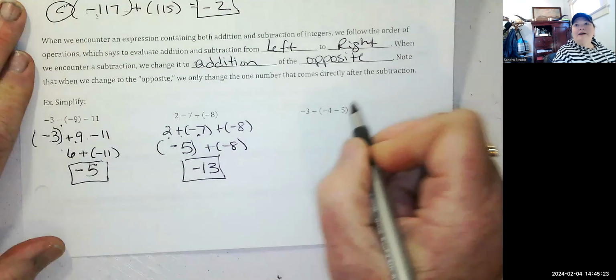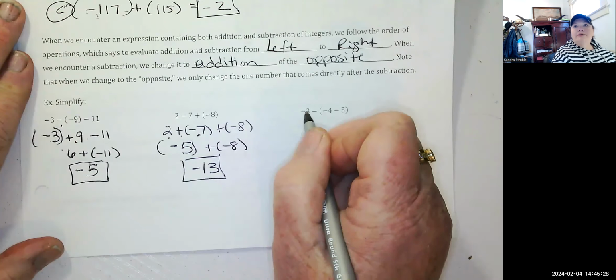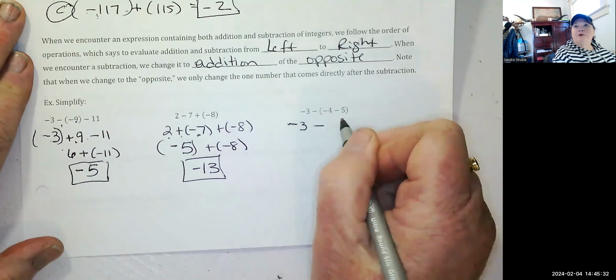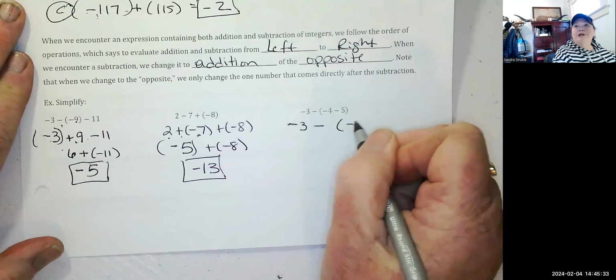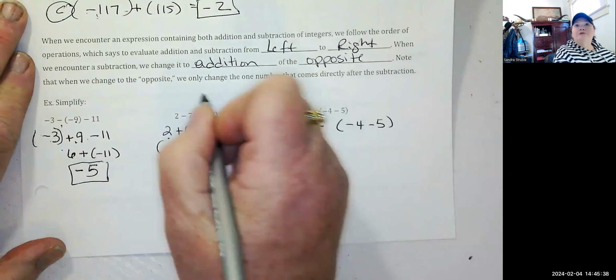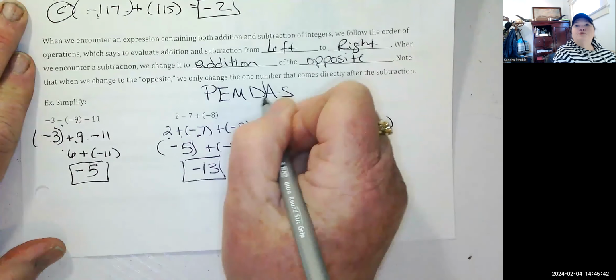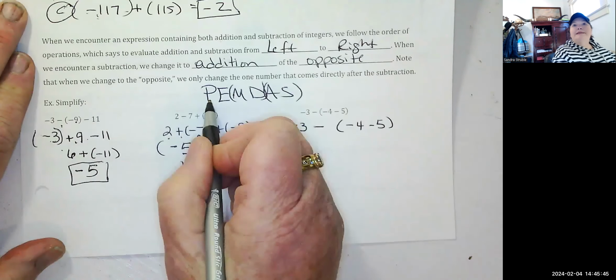Ooh, this one's different. So this one is we're going to have to do a distribution. So I'm going to rewrite this, but I want you to understand something. We need to do what's inside the parentheses first, because remember, order of operations is parentheses.